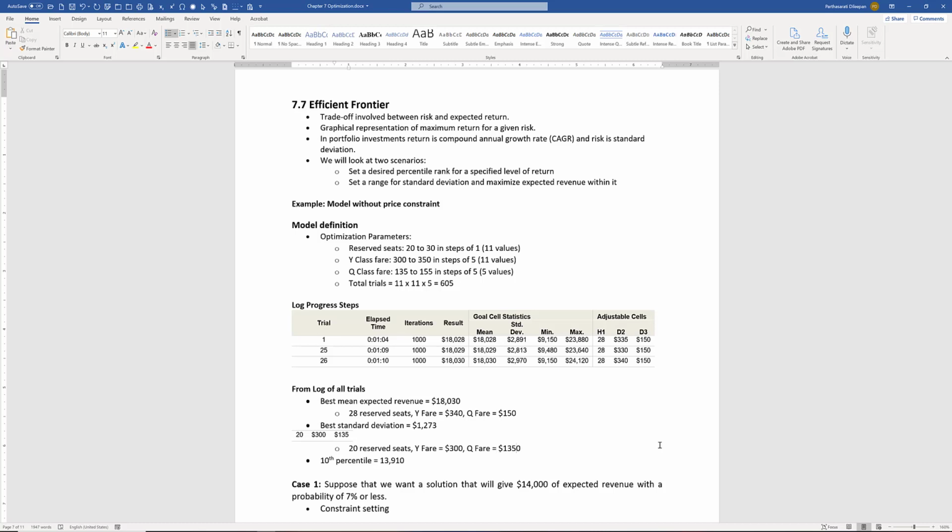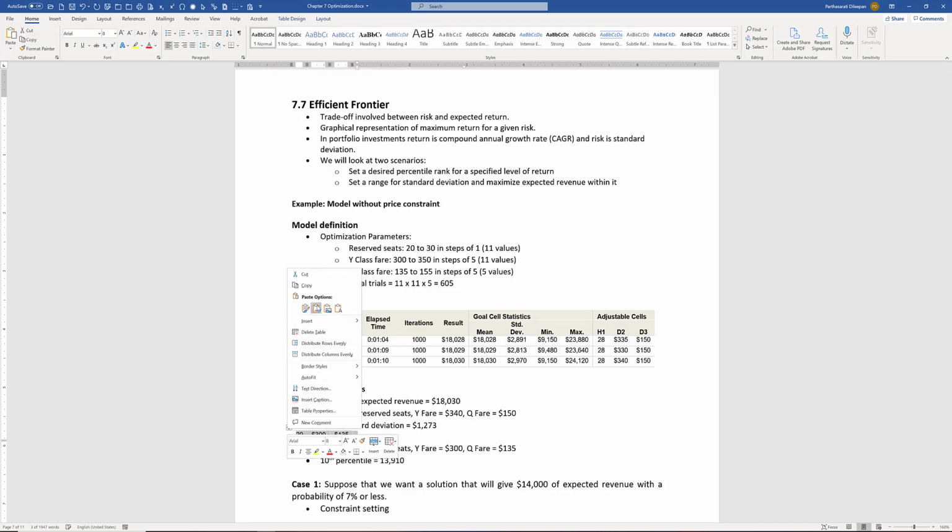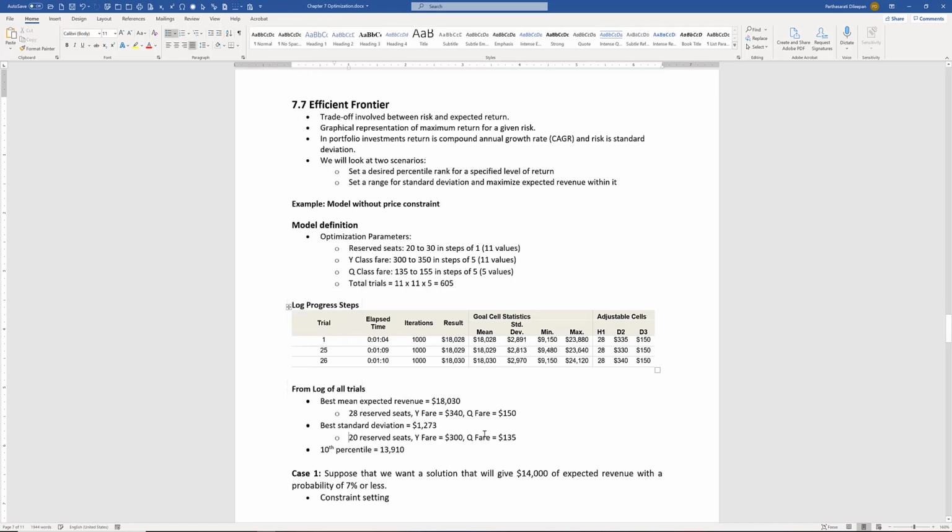These are in the border, so if you relax the border, we may be able to get even smaller standard deviation. And then we can also look at the 10th percentile and see there is a 10% risk or 10% probability of how much would be the expected revenue.